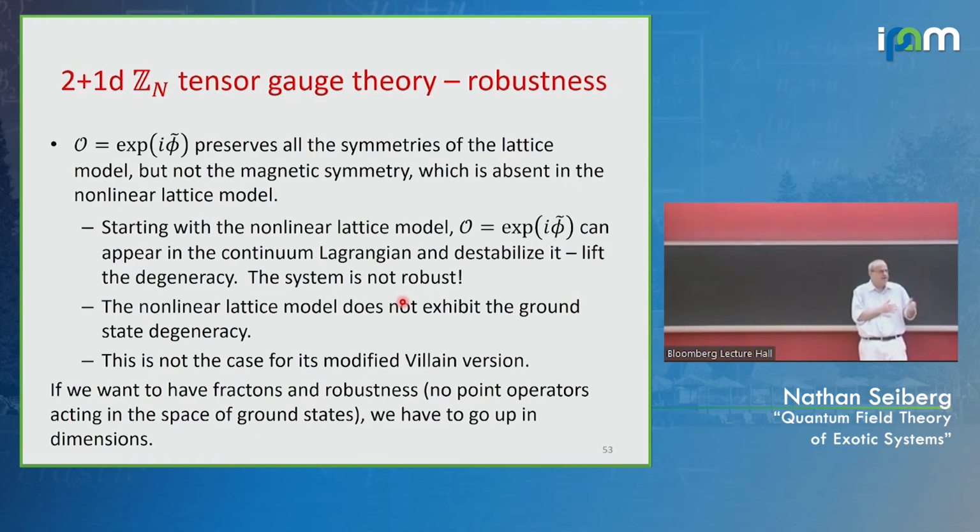So you might say, okay, this is the theory of gravity, we're not interested in gravity, we're interested in systems without gravity. But then there are systems in string theory which have no gravity in them, some limits of string theory, that also exhibit such behavior.